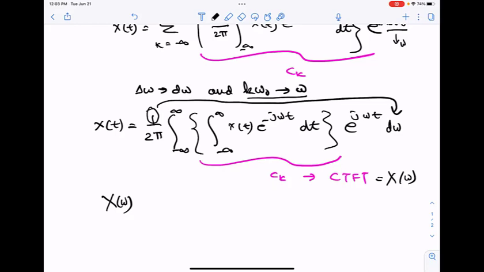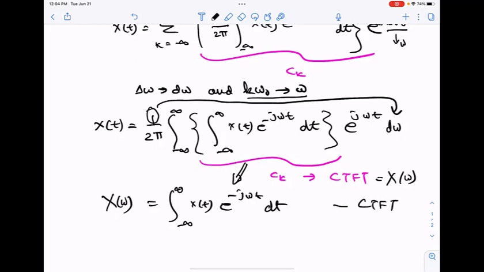So big X is equal to the integral from minus infinity to plus infinity x of t e to the minus j omega t dt. You see, that's all I've done. And this is CTFT. And x of t, then, if you just write this term over there, is 1 over 2 pi.